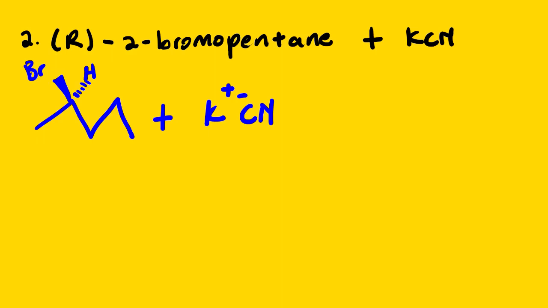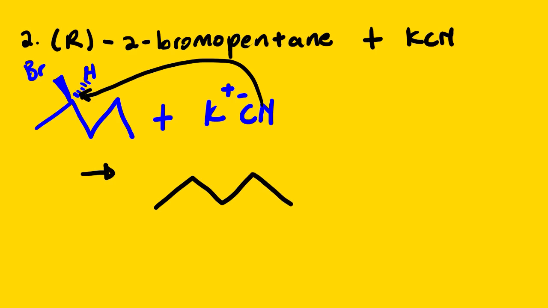If this is the front, it will attack from the back, meaning that where hydrogen is, it will attack from that direction. Then we can just represent also the lone pairs here.